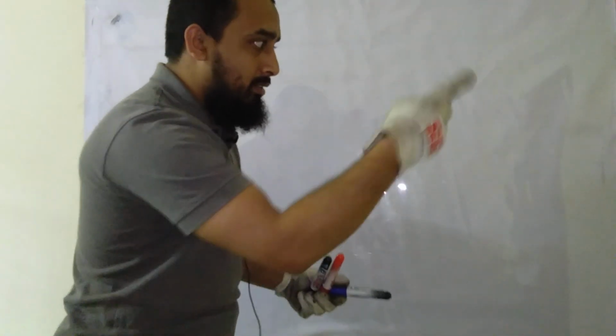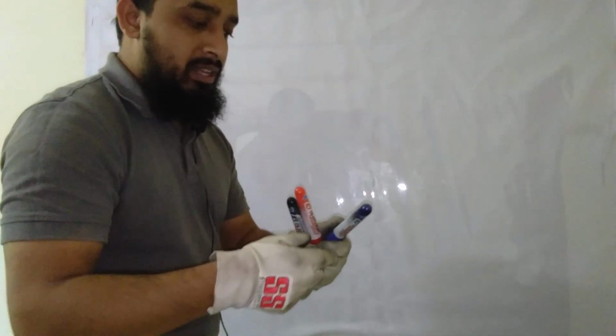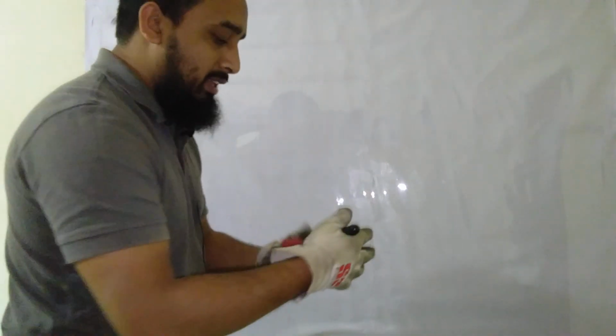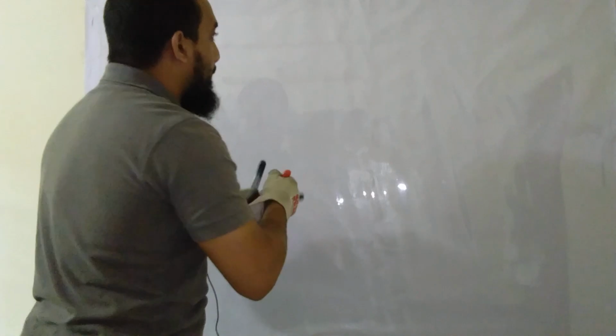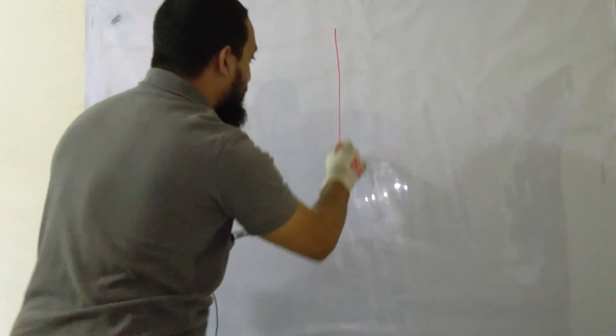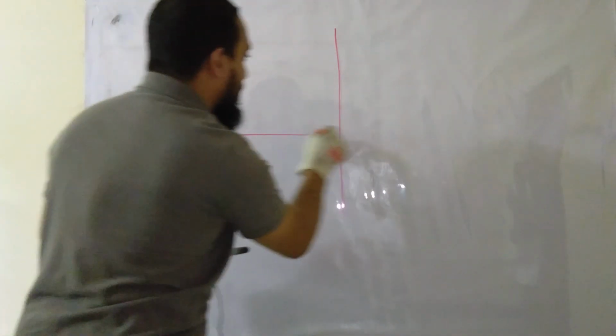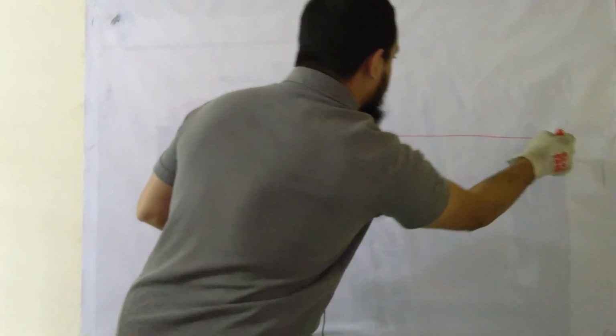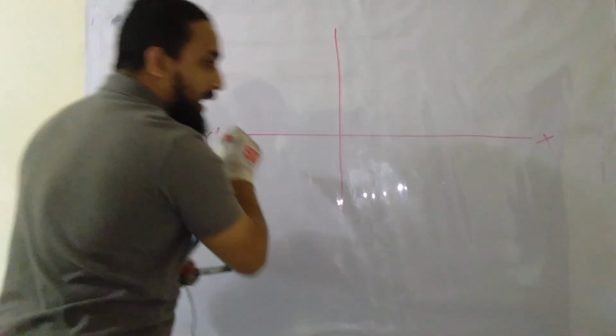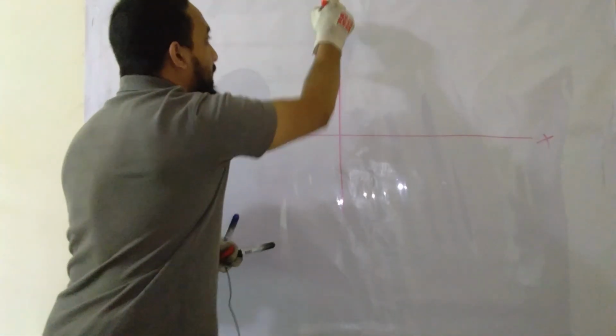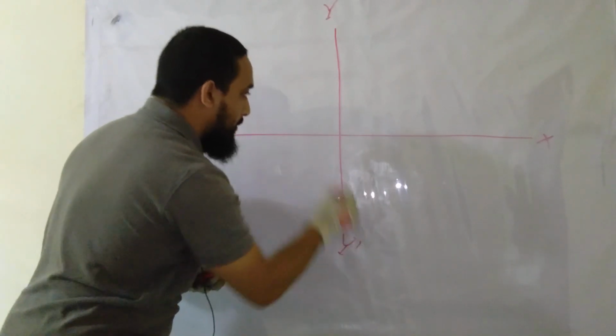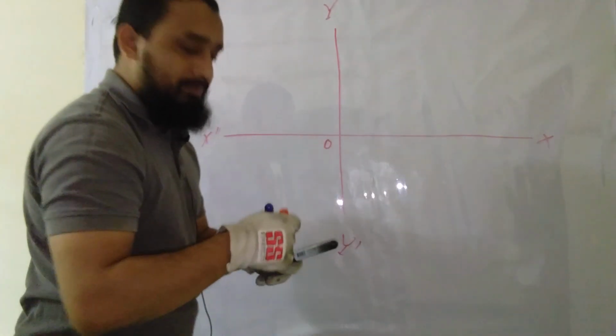Suppose we consider a two-dimensional space, that means x-axis and y-axis like this. Suppose this is the x-axis, this is x prime, y, y prime, and O, the origin.